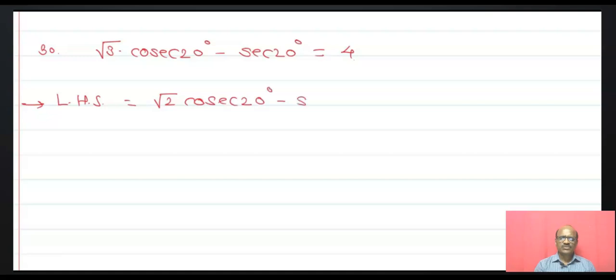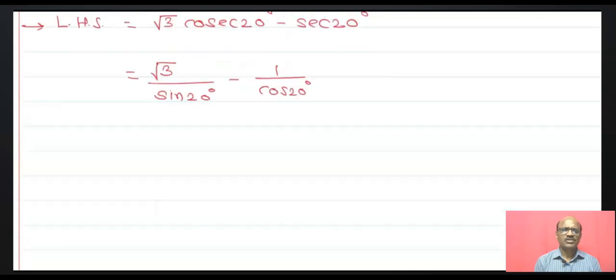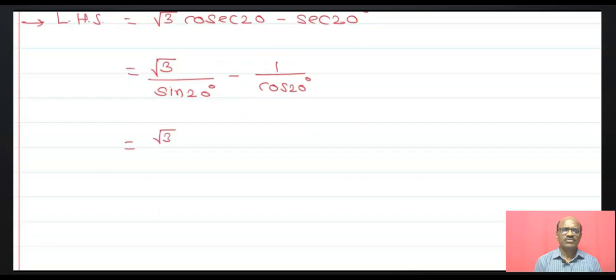That is root 3 cosec 20 minus sec of 20, that is root 3 upon sin of 20 minus the reciprocal of sec of 20, that is 1 upon cos of 20. That is root 3 into cos of 20 minus sin of 20 upon sin 20 into cos 20.